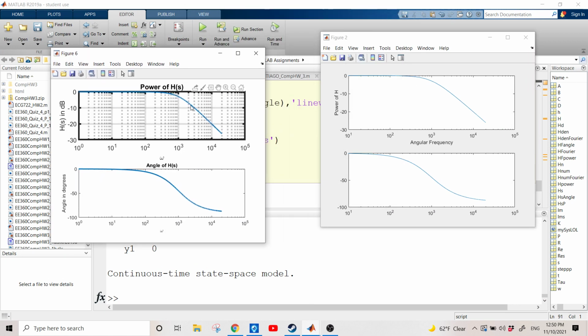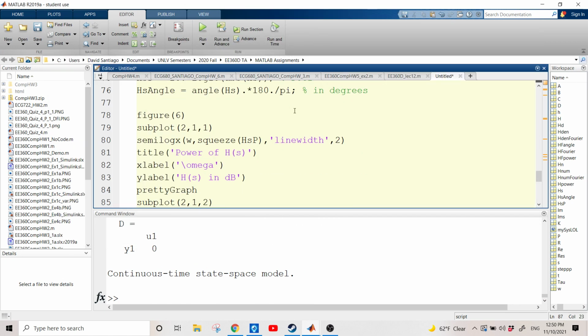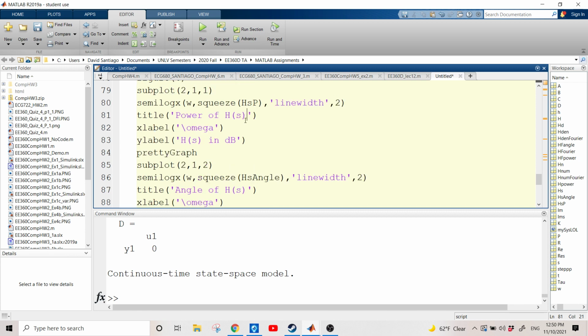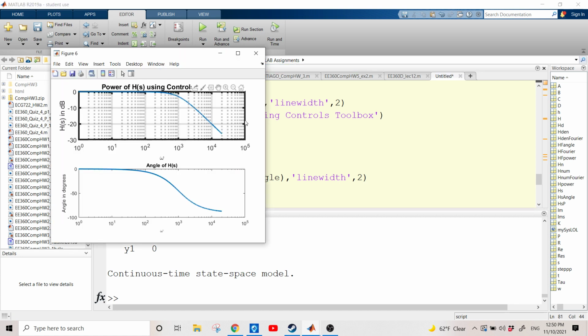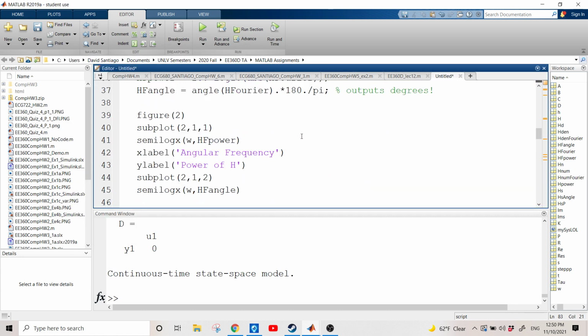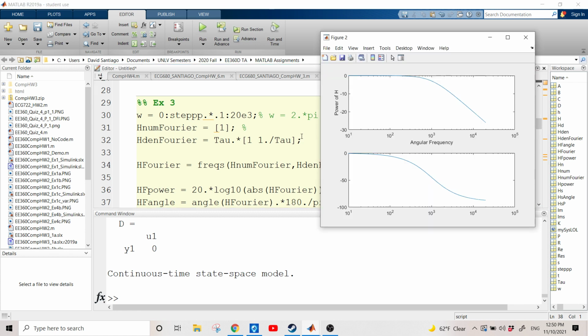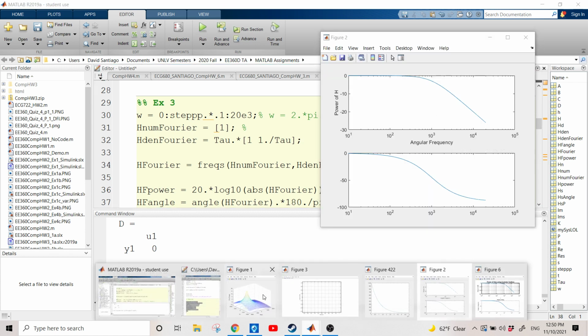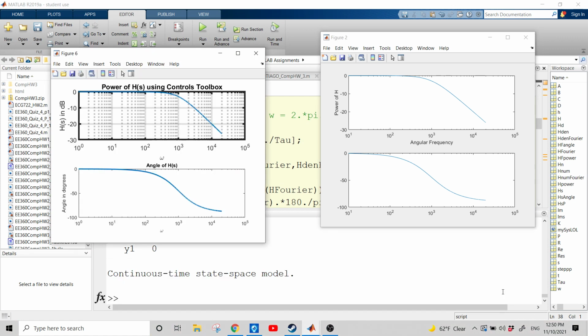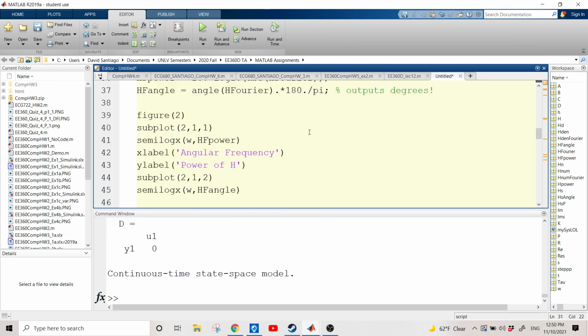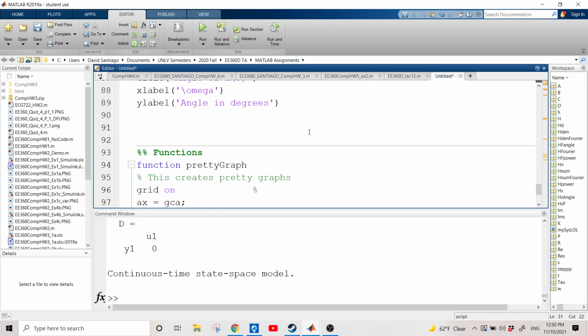Now you can do, actually let me title this better. Using SS equations or controls toolbox. And then, see, that's your controls toolbox. This right here is the other one, the first half of the assignment. Is that making sense? Pretty cool. There you go. So you can verify, oh my gosh, I know exactly what's going on, or are you just copying this?